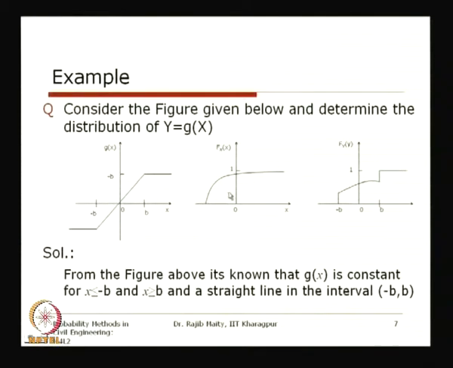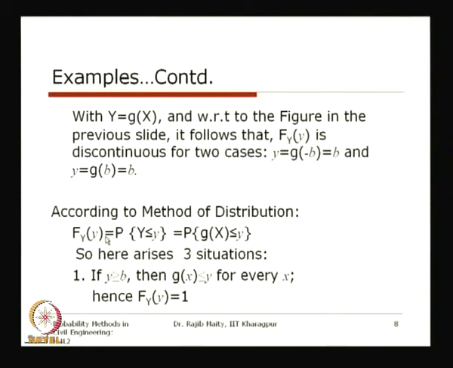This figure shows how f_x(x) looks, and the pictorial view of the function looks like this. Obviously it starts from 0. You know that it is the CDF, the cumulative distribution function, and it is asymptotic to 1 at infinity. As I told, we have to find the three different regions.